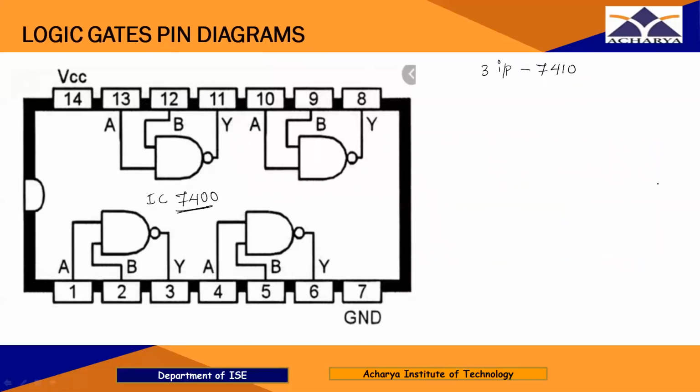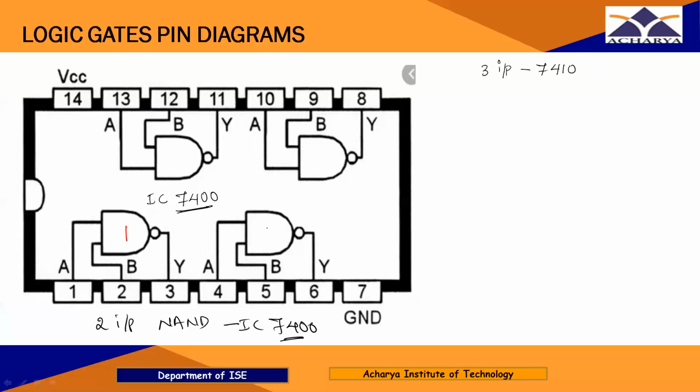I am going to teach you only 2 input now, right? So here for 2 input NAND gate, IC number is 7400, right? So here I am going to write.